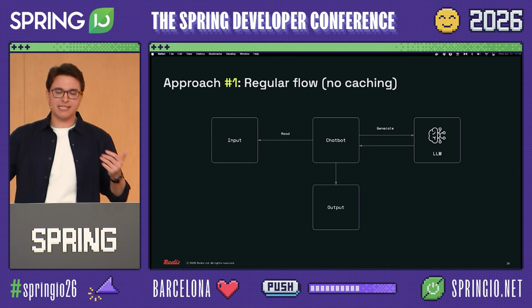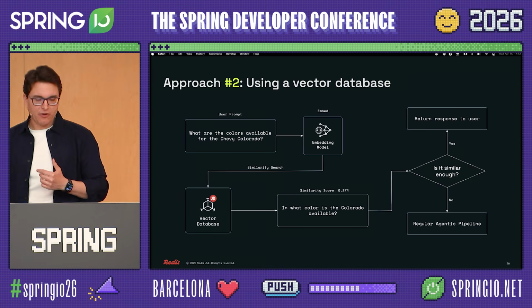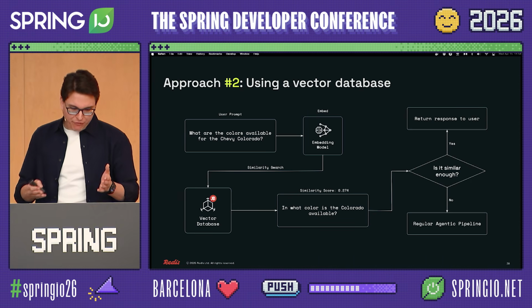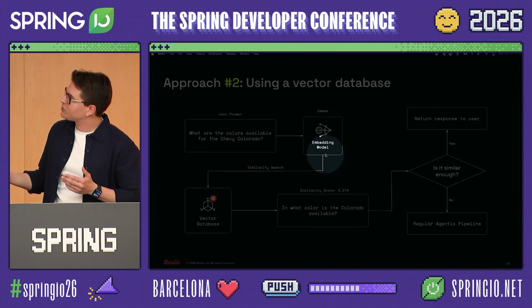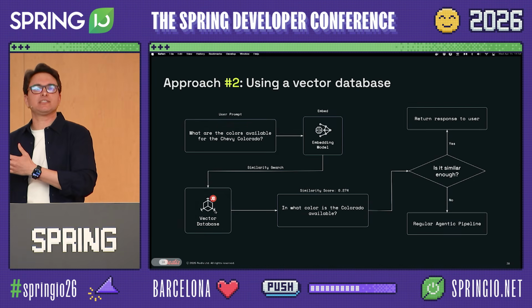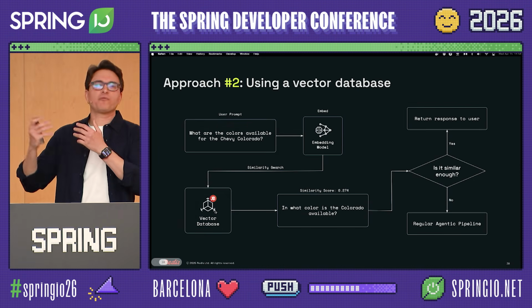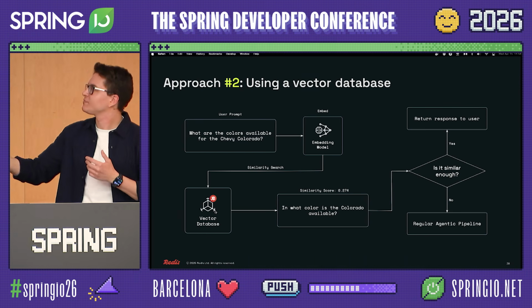So what you could do instead is what you call semantic caching. You have, for example, the user prompt, and then you vectorize this user prompt like before, and then you check your cache, your vector database, to see if any requests like this had been sent to your LLM before, right?